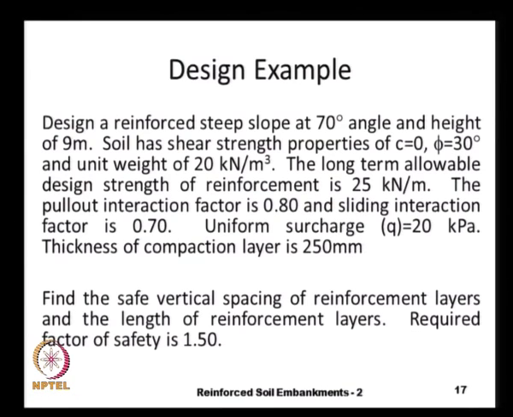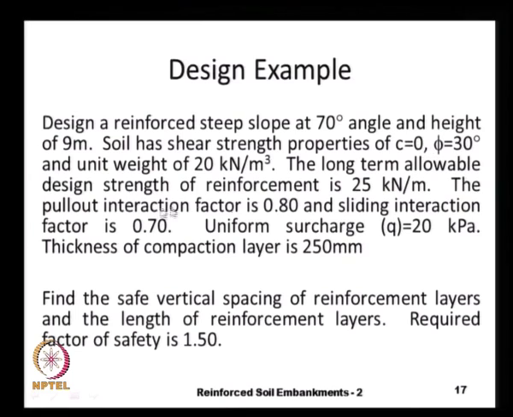So, now let us consider a simple example. Let us design a reinforced slope which has 70 degrees angle, and the height of this slope is 9 meters, and the shear strength properties of the soil are C equal to 0, and the friction angle phi is 30 degrees, and the unit weight of the soil is 20 kilonewtons per cubic meter.